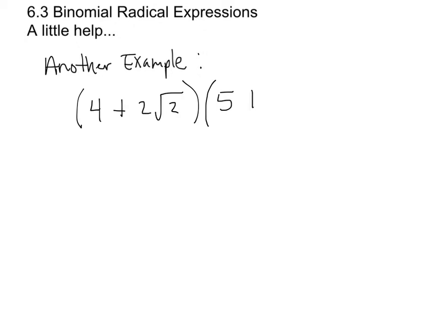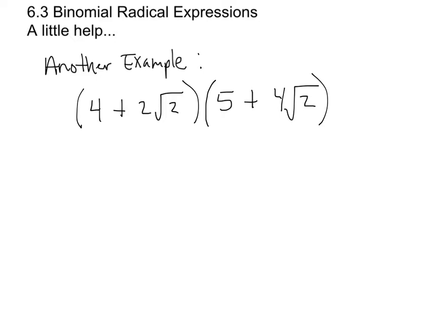You multiply that by 5 plus 4 root 2. So we have two values here being multiplied with each of those values having a radical in them. You might remember foiling in Algebra 2 earlier, or Algebra 1. We're going to do the same thing here.